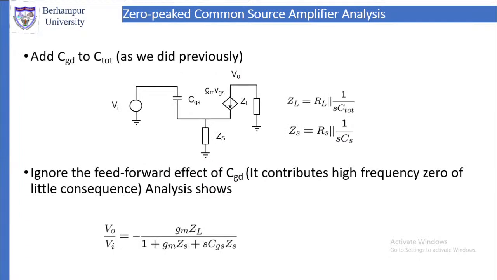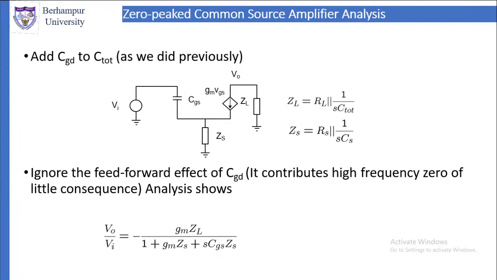Now look at this zero-peaked common source amplifier analysis. We will add CGD to C total, as we have done previously, in the last class. So it is the same analysis, the same circuit.